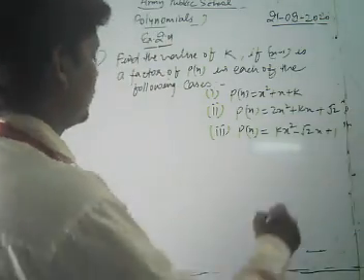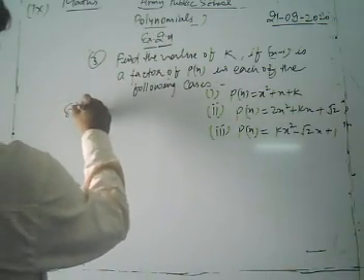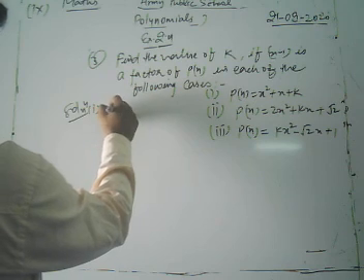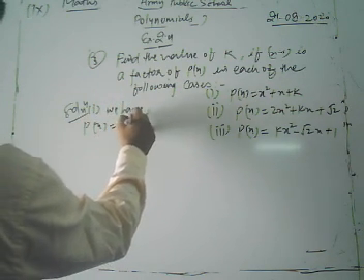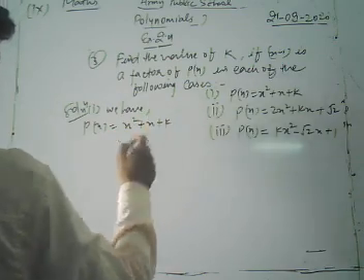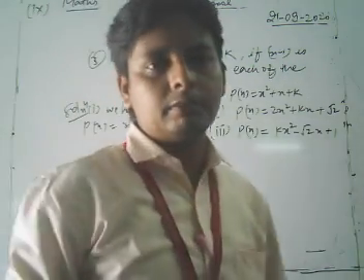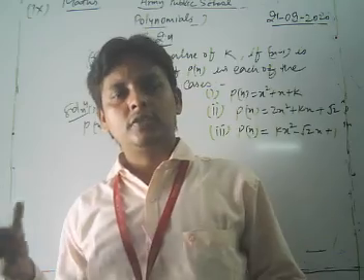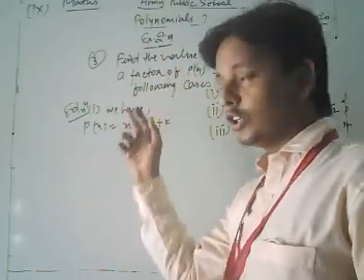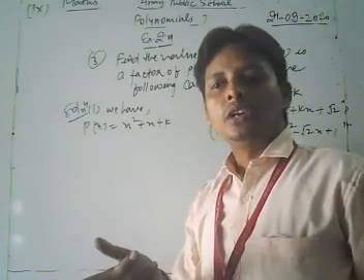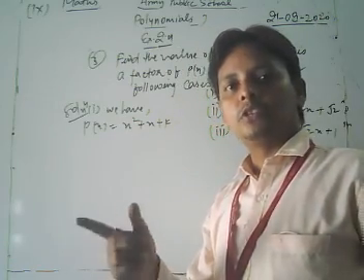Now we take and solve the first part of this question. First we have p(x) equal to x square plus x plus k. Okay, this is the given polynomial. Now, by the help of the factor theorem, x minus a is a factor of this polynomial, so its remainder must be equal to 0.